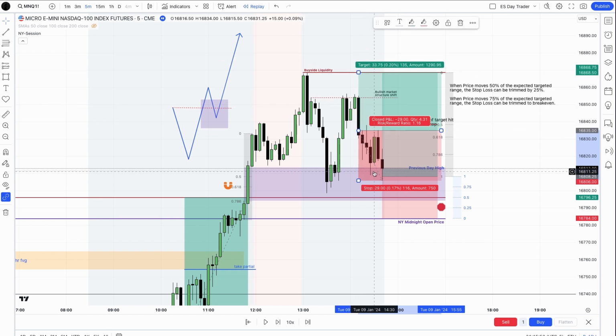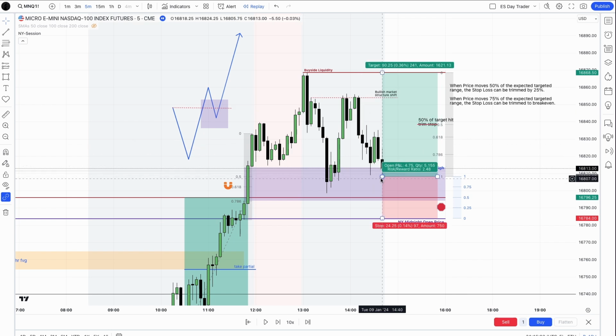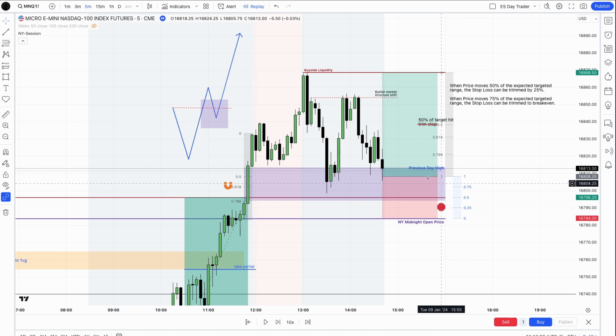And just goes right to our stop. Comes down into this old fair value gap. What happens?